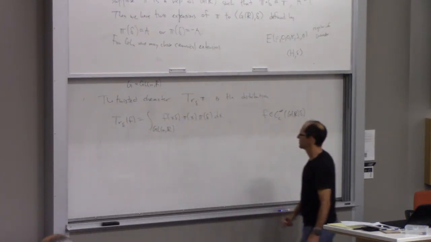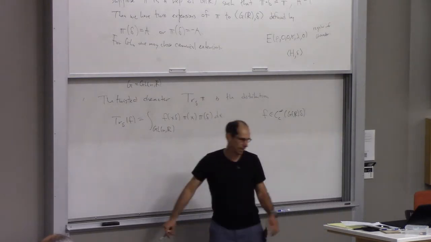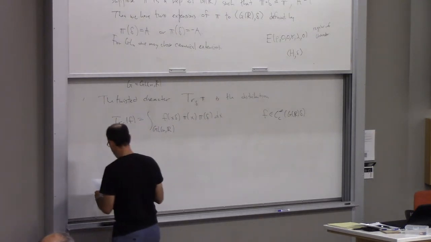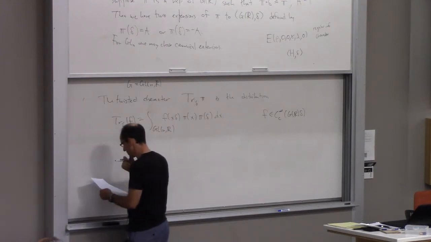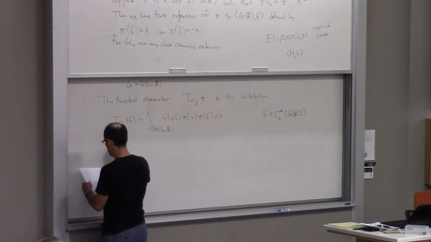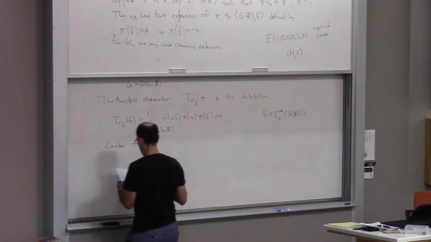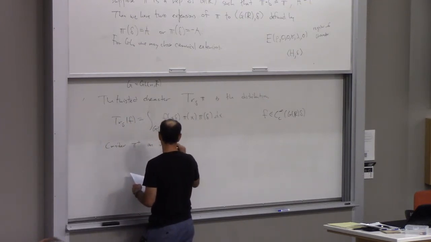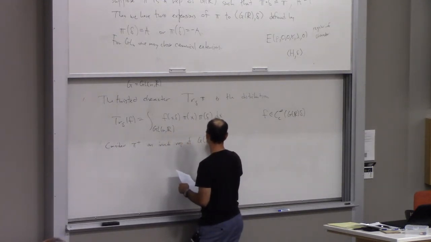Okay, so that's the distribution. And I'd like to say a word about what this has to do with the Kazhdan-Lusztig polynomials that we were looking at in Jeff's talk. So consider pi plus, an irreducible representation of G, the extended group.